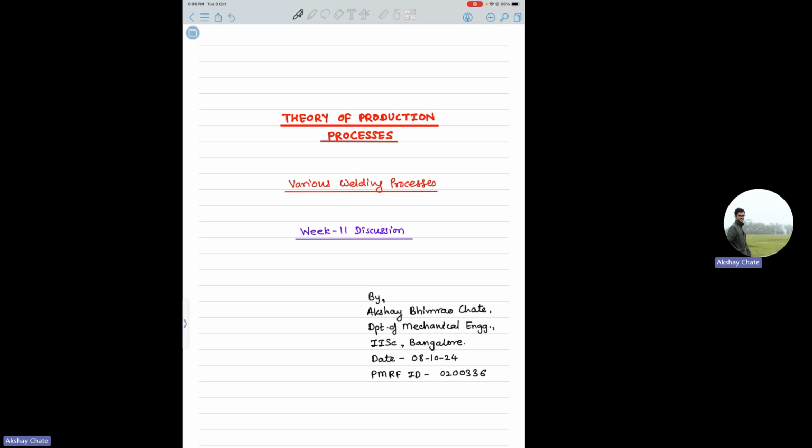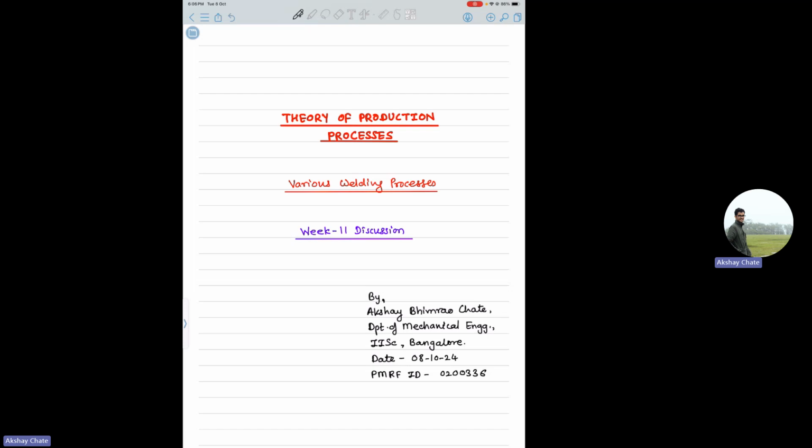You cannot say we'll use this method in such a case. It's an experienced, well-educated decision that you have to take on how to relieve the stresses using the different methods at your disposal. Then in the end there was discussion on preheat and post-weld heat treatment of welded joints.